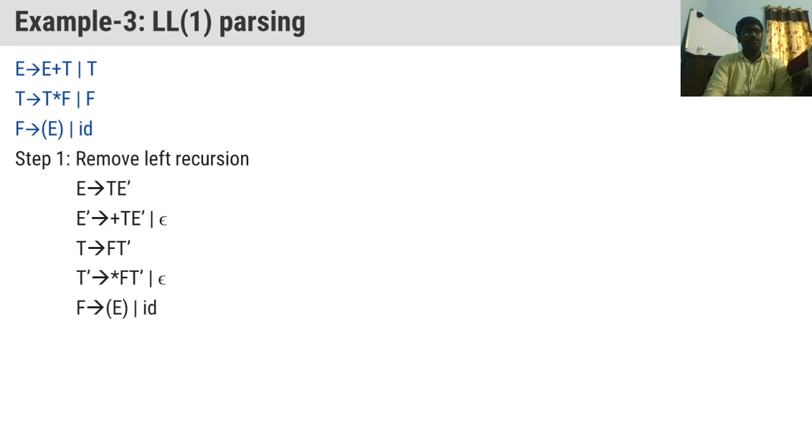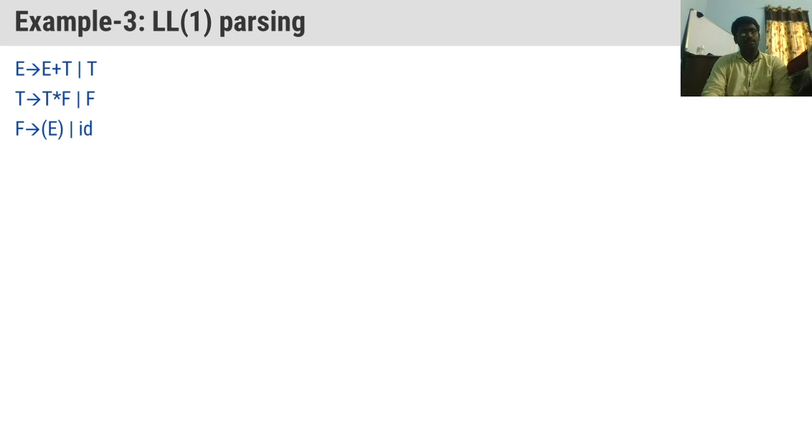You see here, one more example. We have taken the productions like E derives E plus T or T, T derives T star F or F, F derives E in parenthesis or small id.